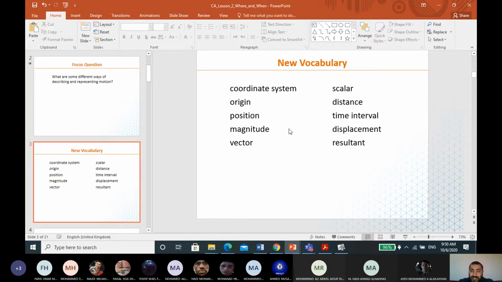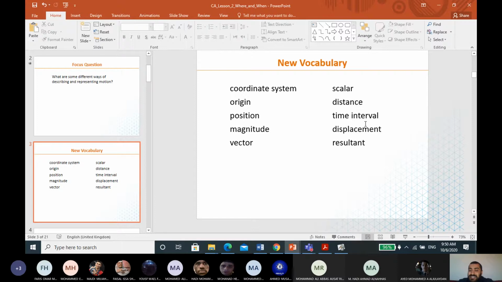You know the difference between the scalar and the vector. In this session today, we want to know how to add two vectors and how to subtract two vectors. You know what the distance and the time interval are. We talked earlier about the time interval, guys. What is the time interval? If I start the class at 9 and the class finishes at 9:40, then the 40 minutes is the time interval.